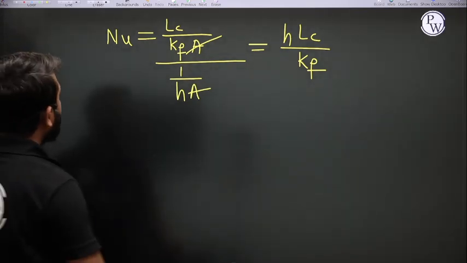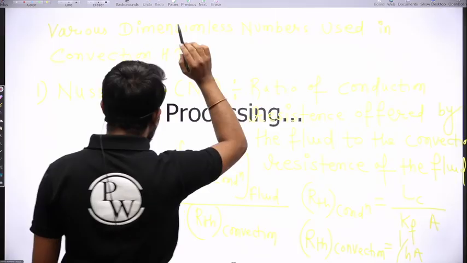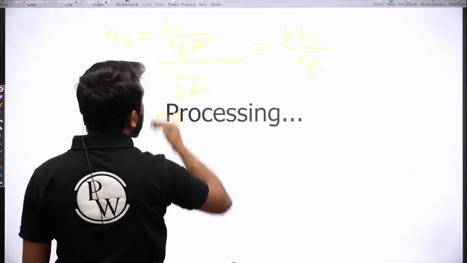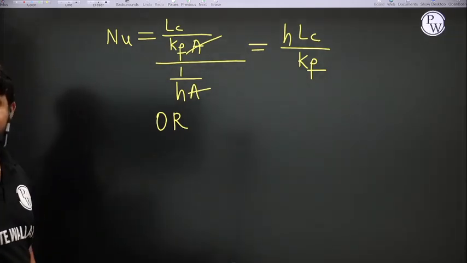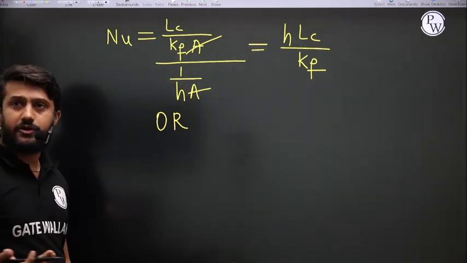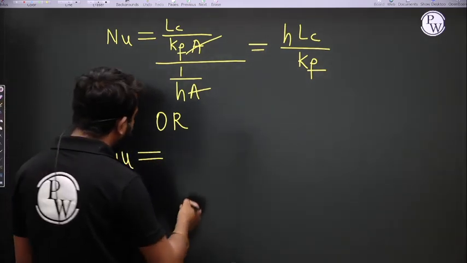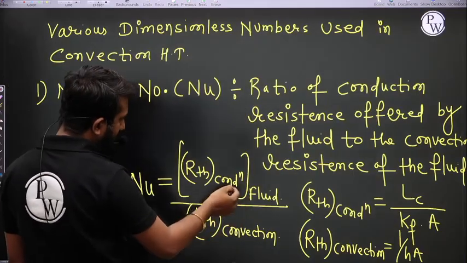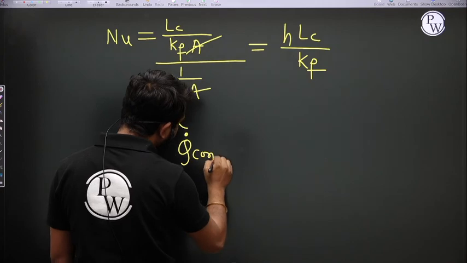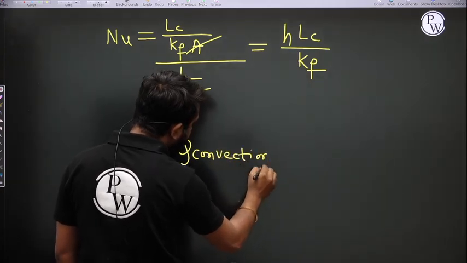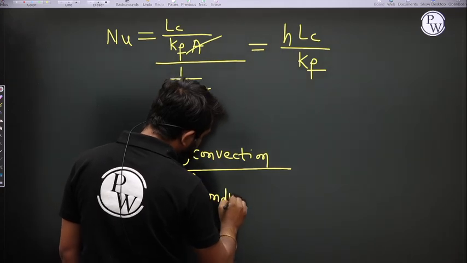The Nusselt number you can define in another way also; the mathematical expression will be the same, that is h L_c by K_f. The Nusselt number is also the rate of convection heat transfer to the rate of conduction heat transfer.